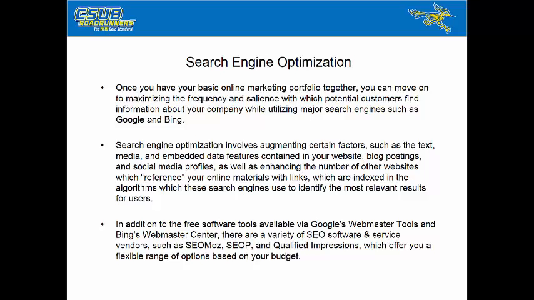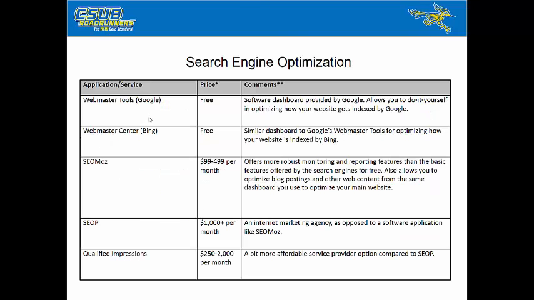So there's a variety of vendors that help you do this. You can also do it yourself with the webmaster tools of Google. If you choose another vendor, I've listed 3 here that are good potential ones.